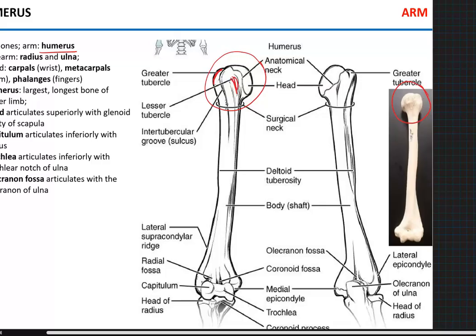Those are projections caused by the attachment of muscles. Okay? They are separated by the intertubercular groove.